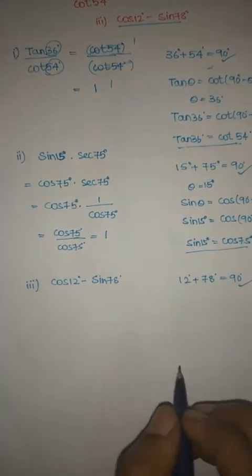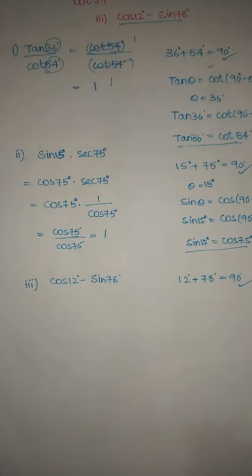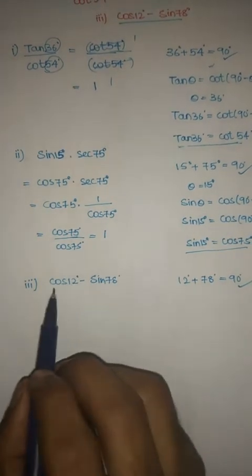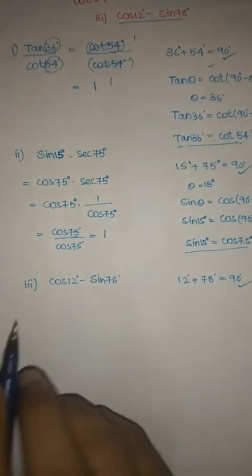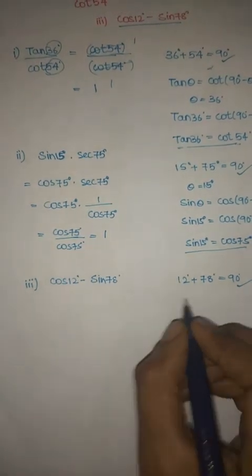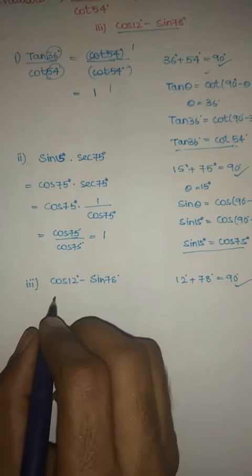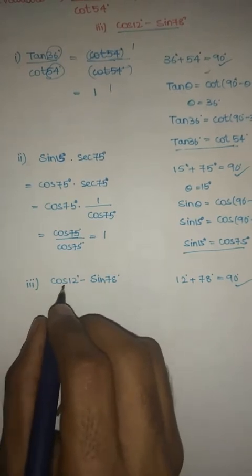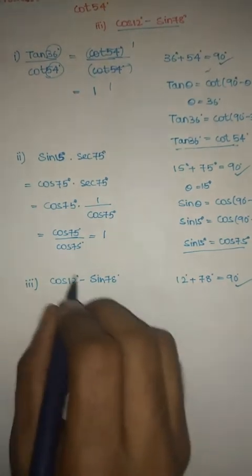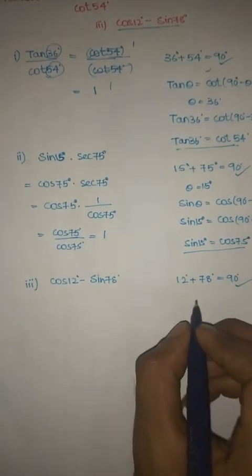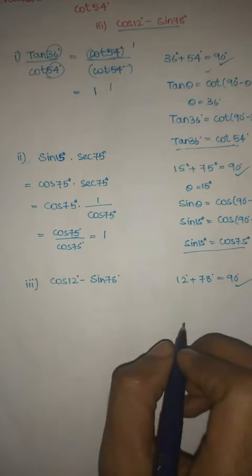After knowing that, you need to convert either cos 12 degrees or sin 78 into its complementary trigonometric ratio. I am going to convert cos 12 degrees. Remember, you need to convert only one of them, not both at a time.